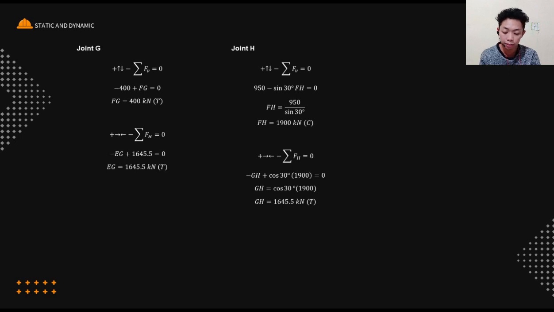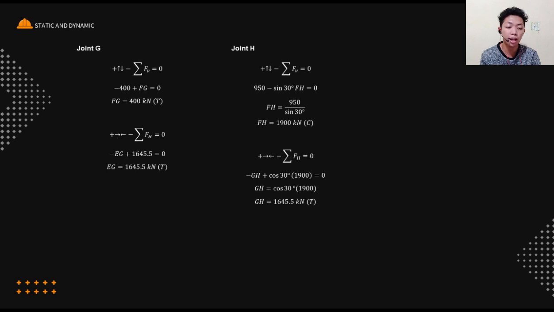Sa joint G natin, meron tayong apat na chords, yung FG, EG, tapos yung 400 kN, tapos yung 1,645.5 kilonewton na nakuha rin natin kanina dun sa GH. So, yung FG tsaka EG is mag-a-assume tayo na parehas silang tension.